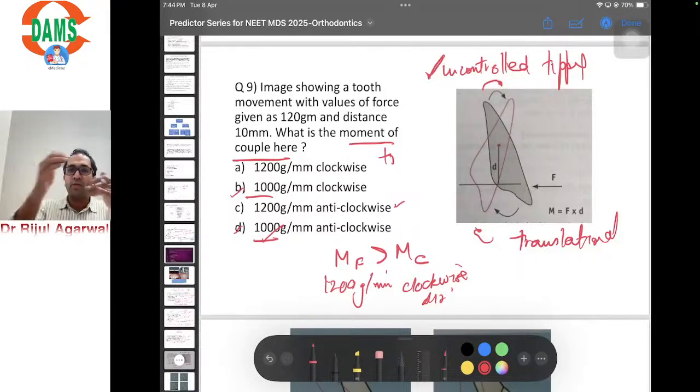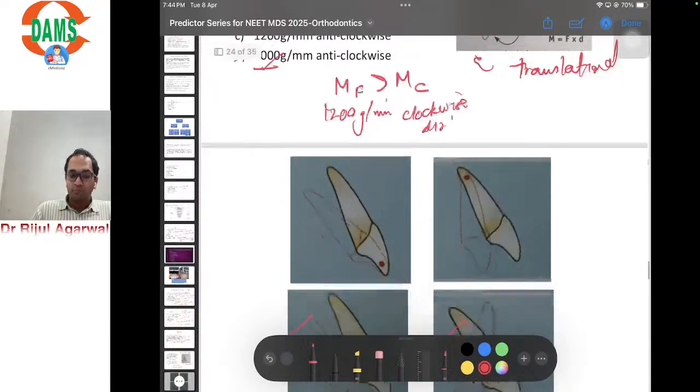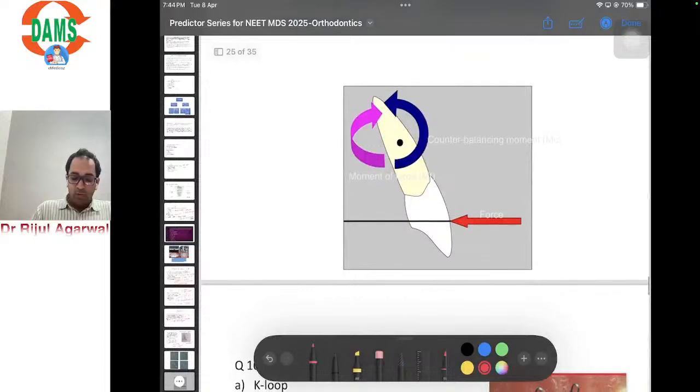So what will happen? They will cancel out each other and the tooth will translate like this. This is the clear-cut application of the concepts of biomechanics. So the counterbalancing movement should be in the opposite direction for the required movement to occur. I hope I am clear right now.